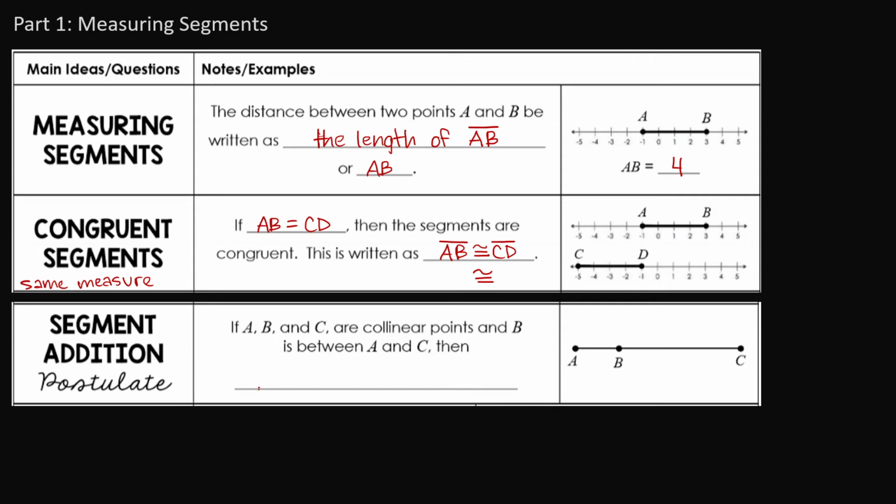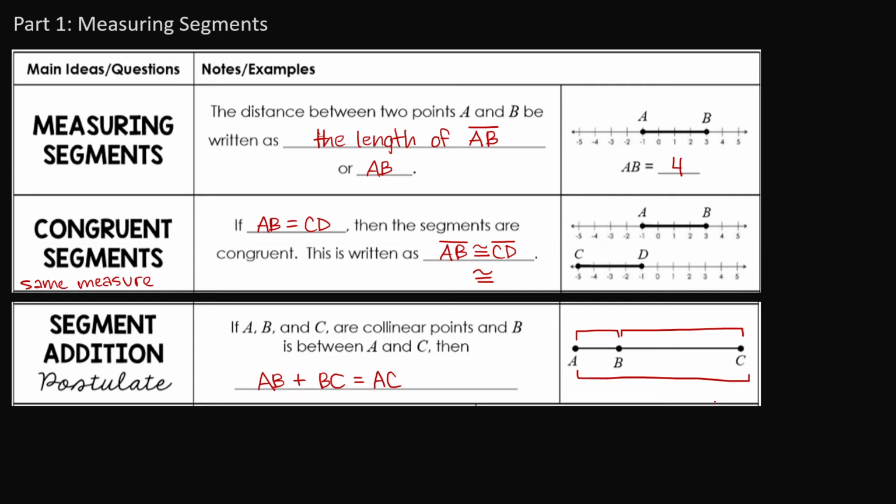We know that the length of AB, that's AB without the line segment on top, plus the length of BC is equal to the entire length of AC. In other words, part plus part is equal to whole.